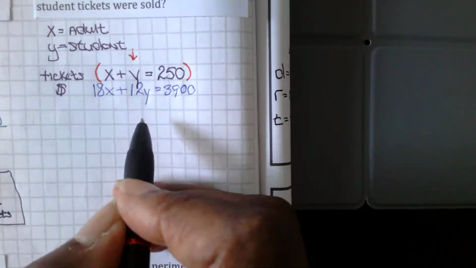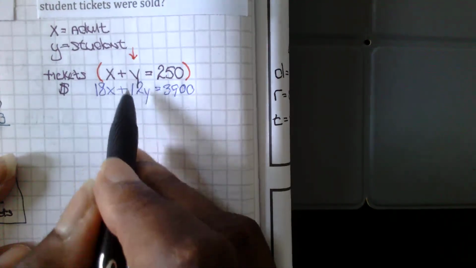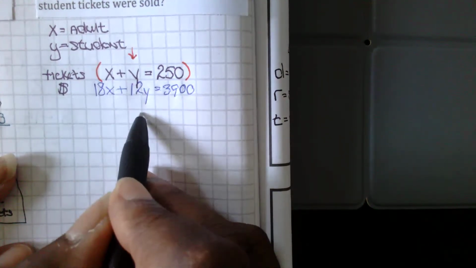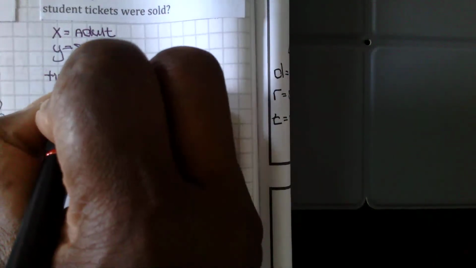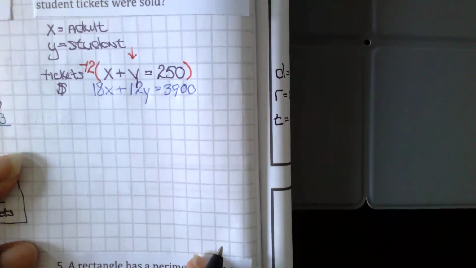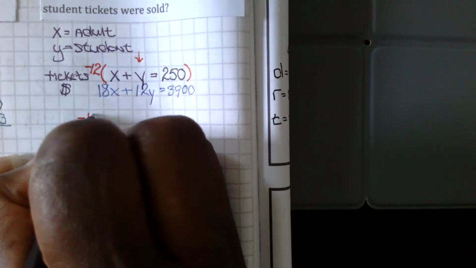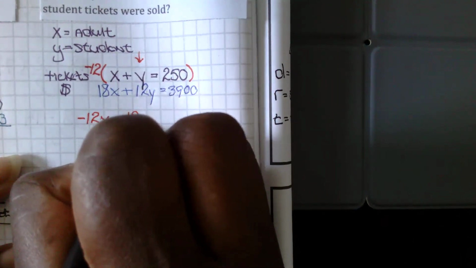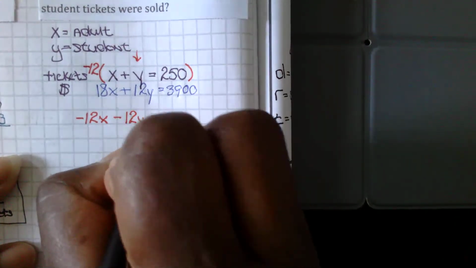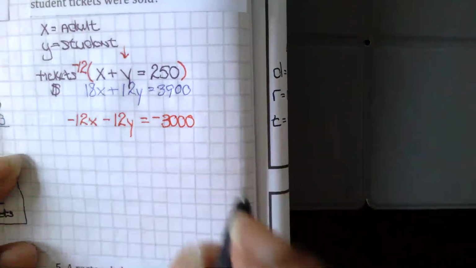If I want to get rid of my y's, I need the coefficient in front of this y to be a negative 12. To make it a negative 12 through multiplication, I need to multiply everything by negative 12. So that means I'm going to have negative 12x minus 12y equals negative 3,000.